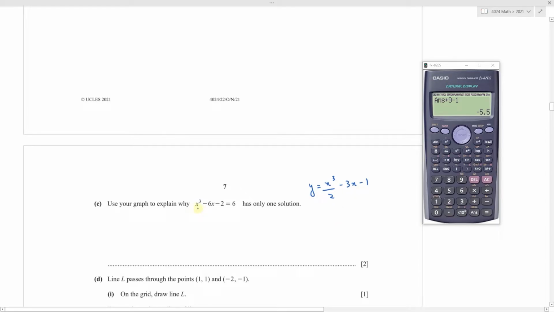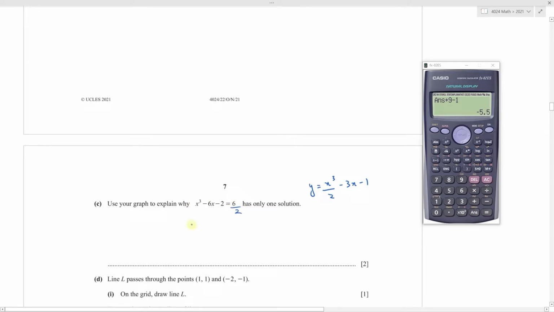So first I need to convert one side of this equation into this form and then see what's left on the other side so that we can explain why there is only one solution. So I have x cubed minus 6x minus 2. So I have x cubed over 2. So let's divide this whole equation by 2 on both sides.